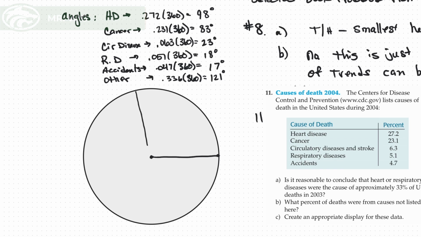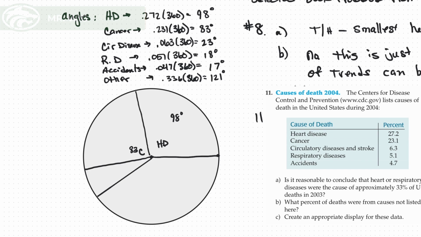I'm not being super specific with it. As long as your pie chart looks adequate, if it's approximately correct, then I'm going to be fine. We will talk about how to do this with a protractor, but overall, as long as your angles are relatively close, we're going to be okay with that.